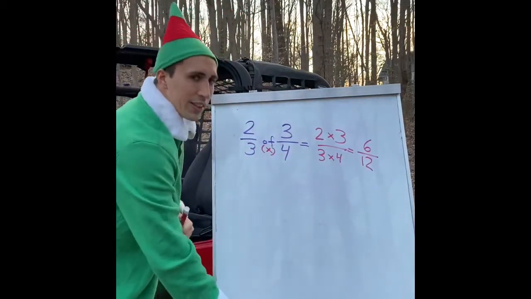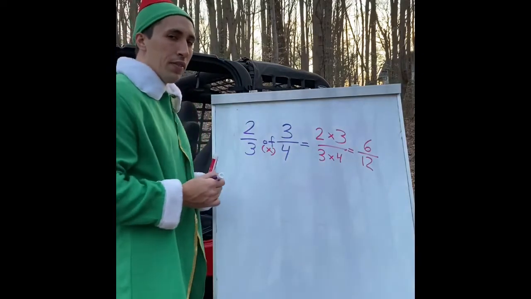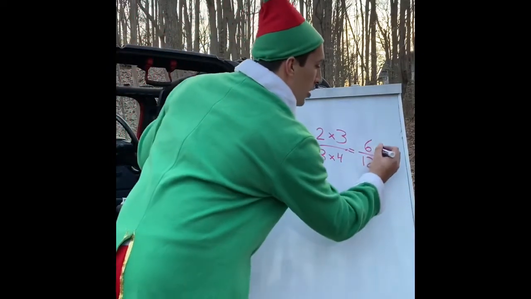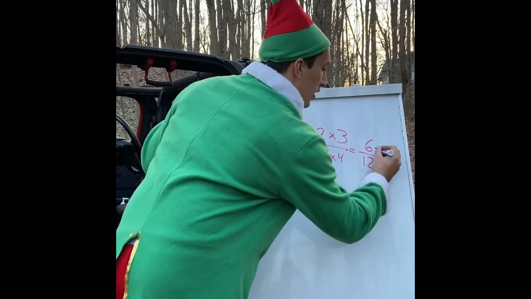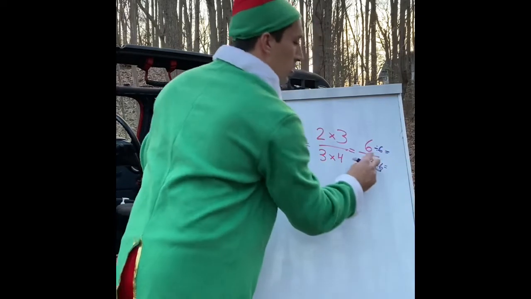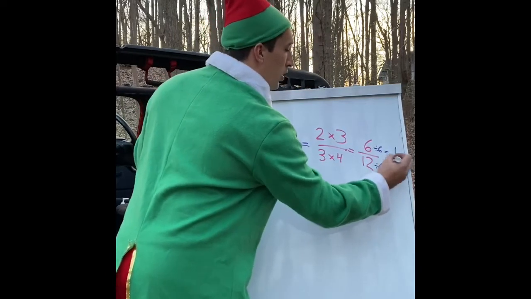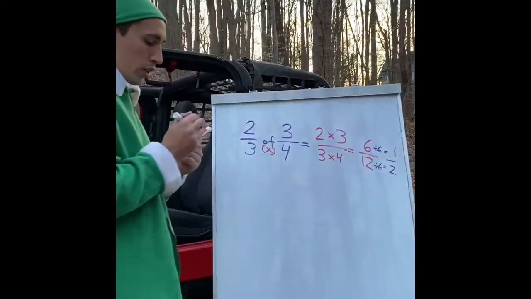If I want to go to the next step, I would say, can you simplify 6/12? Let's see. 6 goes into 6. 6 also goes into 12. So 6 divided by 6 would be 1. 12 divided by 6 would be 2. 6/12 equals 1/2.